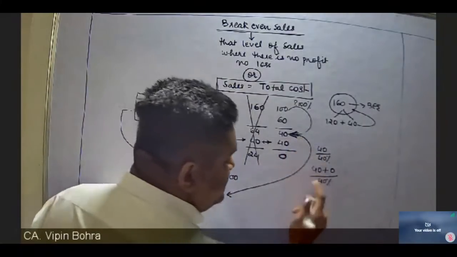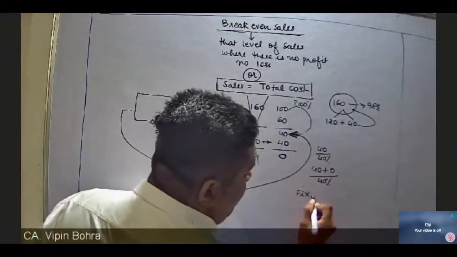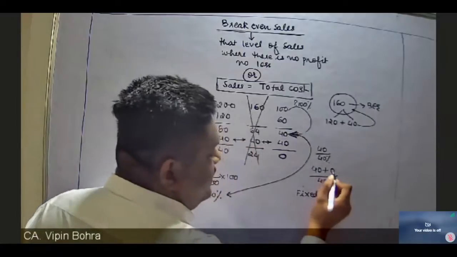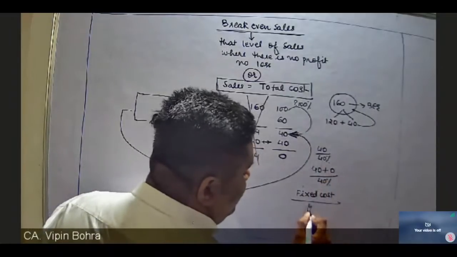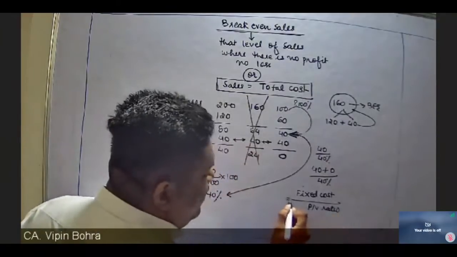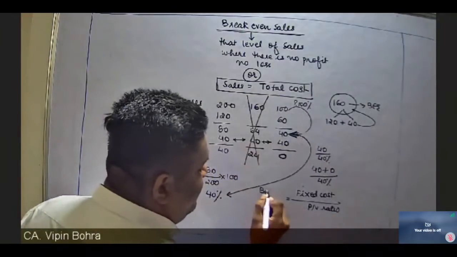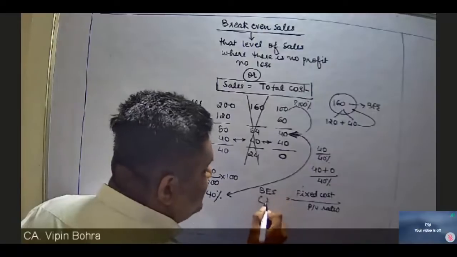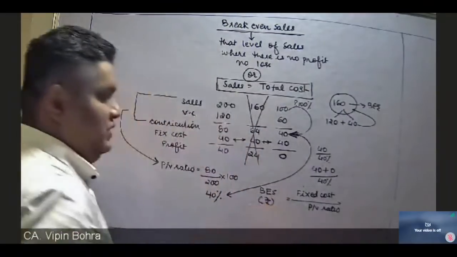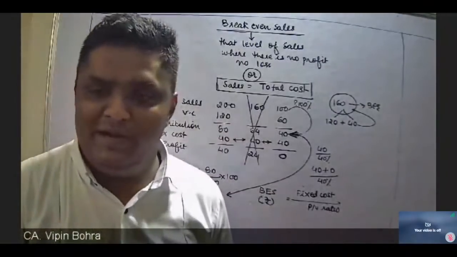This 40 is what? My fixed cost. 0 has no value, divided by PV ratio, that is 40%. So this is how the formula is derived in the book: break-even sales in rupees is fixed cost divided by PV ratio. I hope this part is clear, guys.